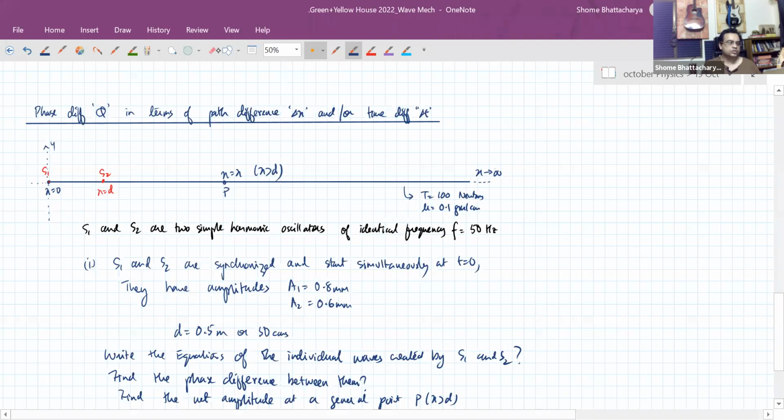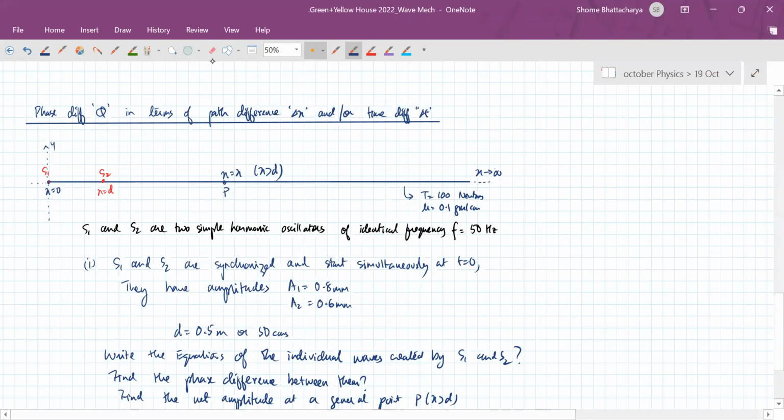Okay. Now through this question, we will understand the relationship between phase difference and path difference. Because as the waves created by S1 and S2 are traveling to the point P, they are traveling different path lengths. Because one of them is located at x equal to 0. The other is not located at 0, but at some other coordinate x equal to d.